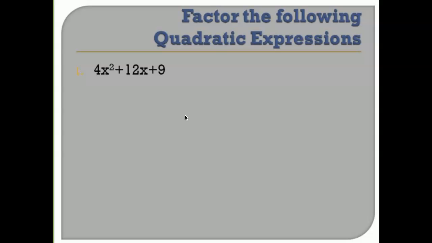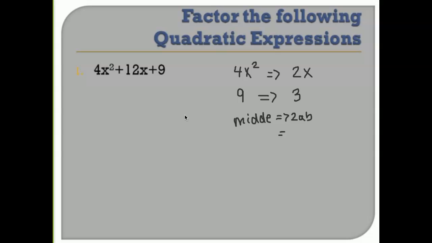So, looking at this example here, we look at the first term, and I say, okay, that's a perfect square. 4x squared is a perfect square. So that's like 2x. We look at the last term, which is 9. 9 is a perfect square. We know it becomes 3. So then you have to determine, is the middle 2ab?